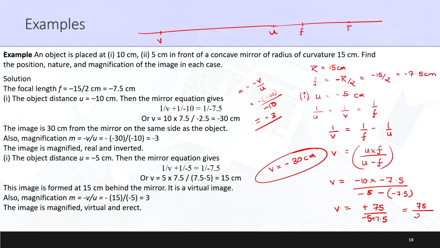This time, as you can see, the value of v obtained is positive. We did not obtain the value of v as negative this time. So, what does it mean? That the image formed is virtual and it is on the back side of the mirror.